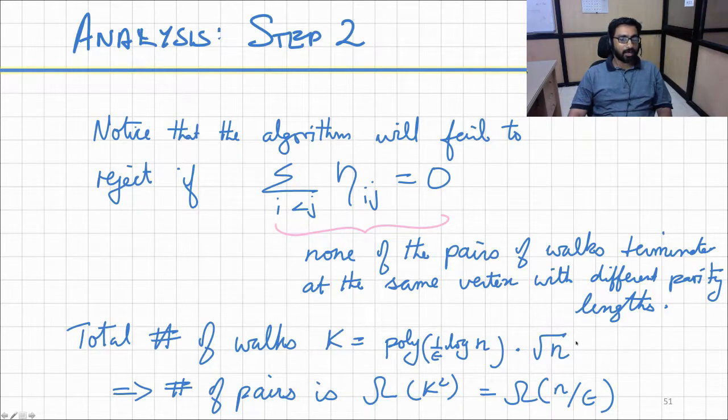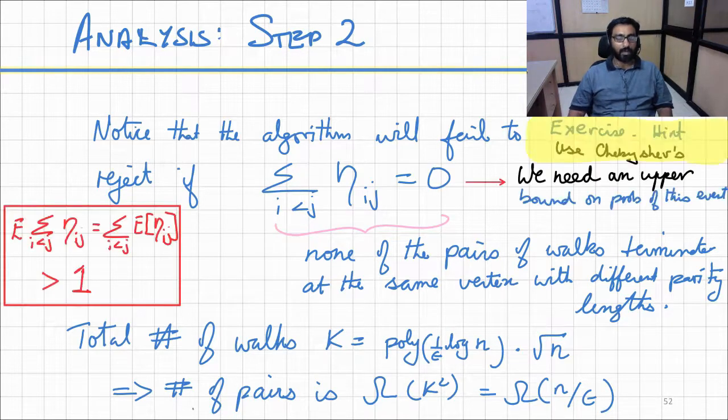So with square root of n random walks, the total number of pairs is at least k squared, big omega of k squared. Considering that k is square root of n, the number of pairs is big omega of n over epsilon. So keep in mind that there's this epsilon over here. With that, let's consider the expectation of the sum of the eta ij's.